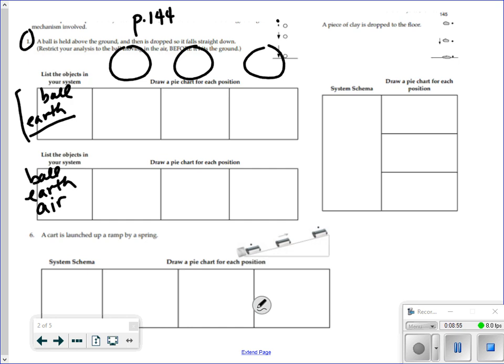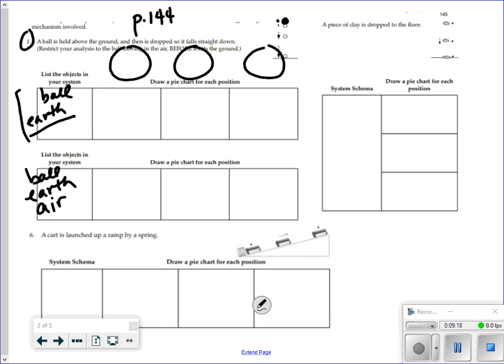So when I look at this very first ball right up here, ask yourself, what kind of energy do I have? Do I have kinetic energy? No, because I know that my ball is at rest, so it's not moving. All right, so there's no kinetic energy there.